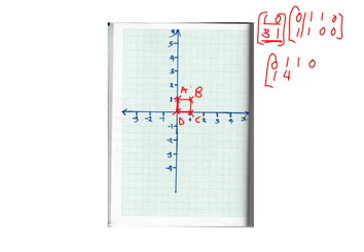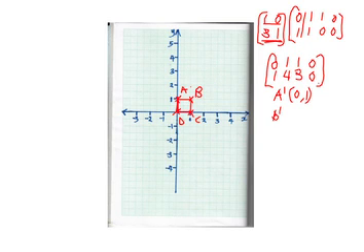Now we have the second row and the third column. So this is 3 multiplied by 1, which is 3, plus 0 multiplied by 1, which is 0. So the answer is 3. And lastly, we have 3 multiplied by 0, which is 0, plus 1 multiplied by 0, which is 0. So that is 0.